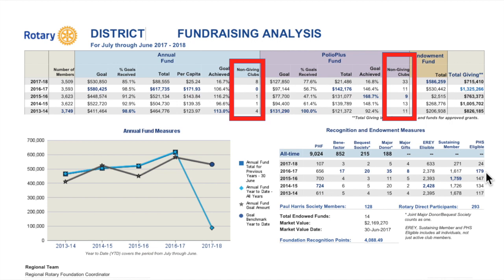So it might be very appropriate to pull up a different report to identify those people, use it to thank them for their benevolence, educate them on being a part of the Paul Harris Society, and increase those donors there. So some great opportunity for that as well.